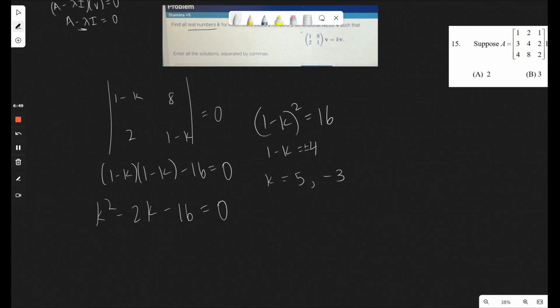And so the sum of the roots here, which is -b over a, which is 2, that's the sum of the roots using Vieta's, and that's also the sum of the eigenvalues, because your eigenvalues are the roots of your characteristic polynomial. As you can see, the sum of them is 2, and that's what we get when we do Vieta's.